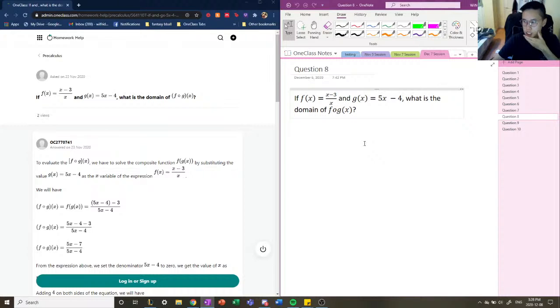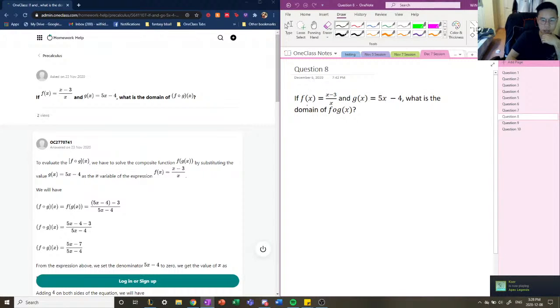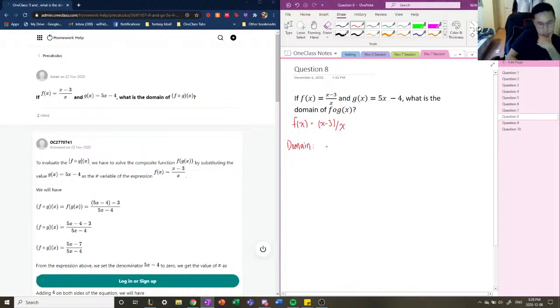Okay, so if we have f of x equals x minus 3 divided by x, we see that the domain of this function is x belongs to all real values except x cannot equal 0.